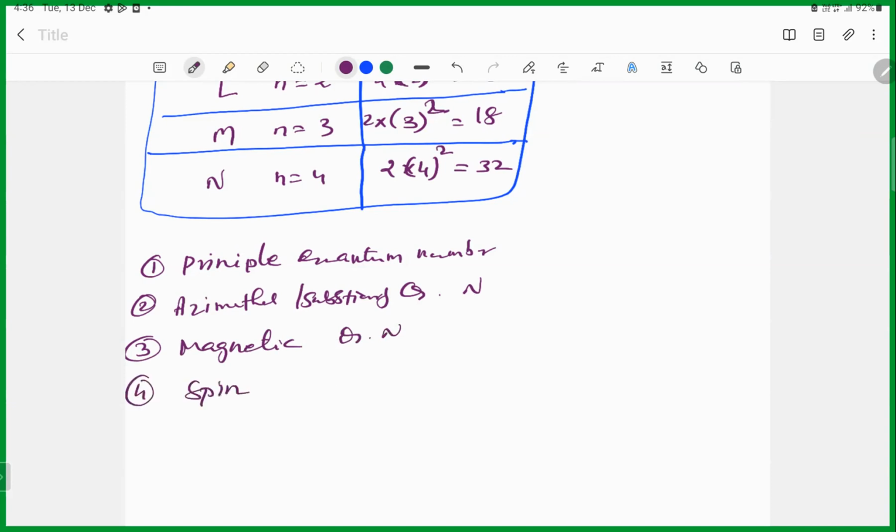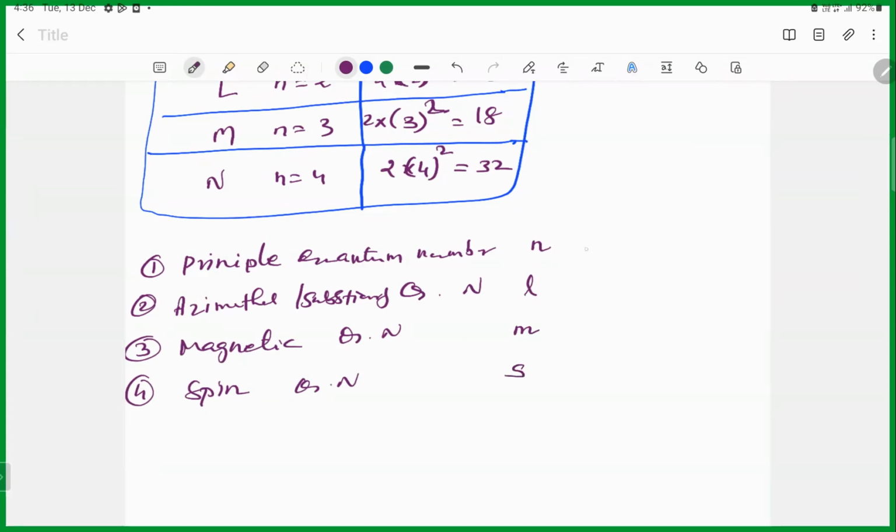They are generally called n, l, m, and s.